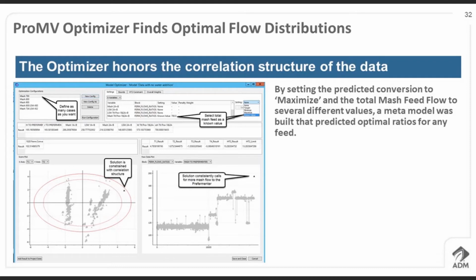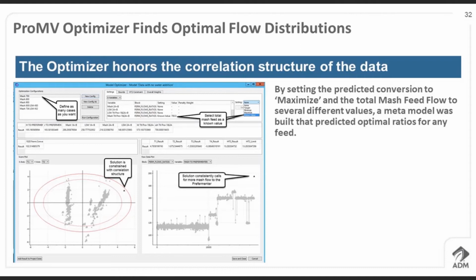Now, one of the most important points here is that that's literally all you have to do, because the solution that the optimizer gives you is going to be constrained by the correlation structure of the data. It's based on how this process has been run for however long the data set goes back.